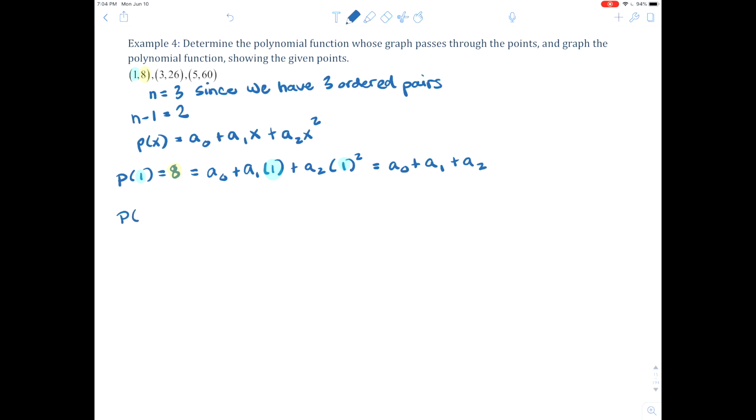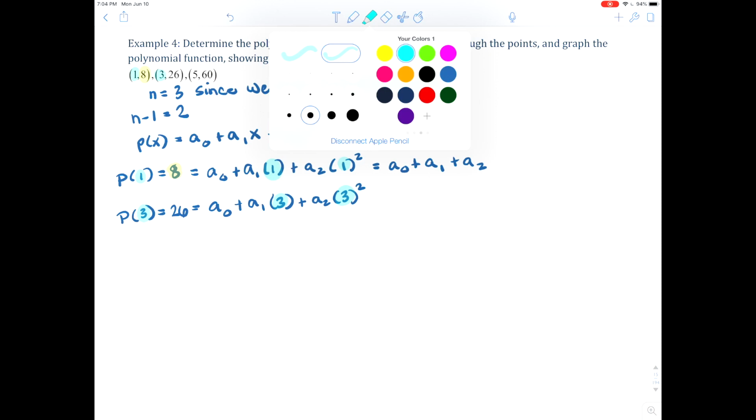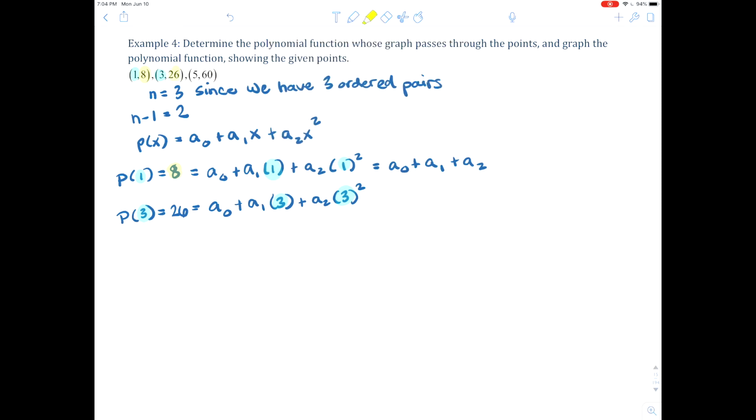Our polynomial evaluated at 3 has an output of 26. So that'll be also equivalent to a0 plus a1 times 3 plus a2 times 3 squared. Again, we plugged in a 3, and when you plug in a 3, you get out 26. This is what was found by this data.